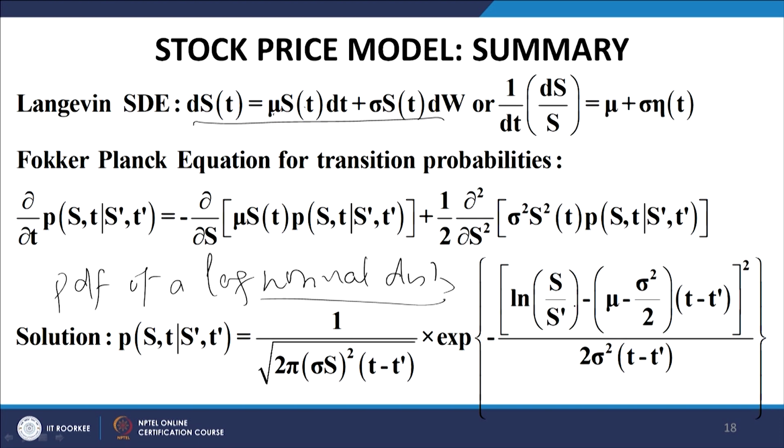You can see here the logarithm appearing. So, this is for the log normal distribution. This is the probability distribution for log of s, or the probability of s. This is the probability distribution for s, and s follows a log normal distribution, as you can see by this log of s upon s dash.